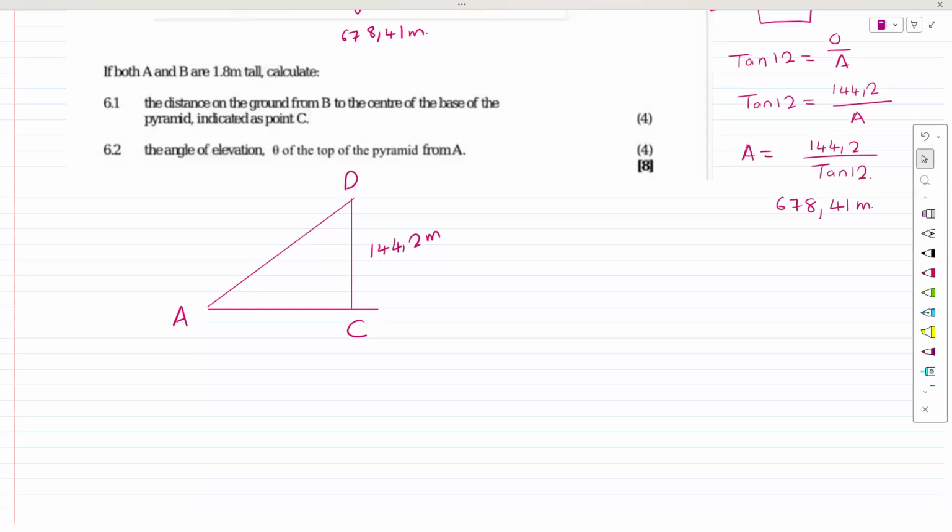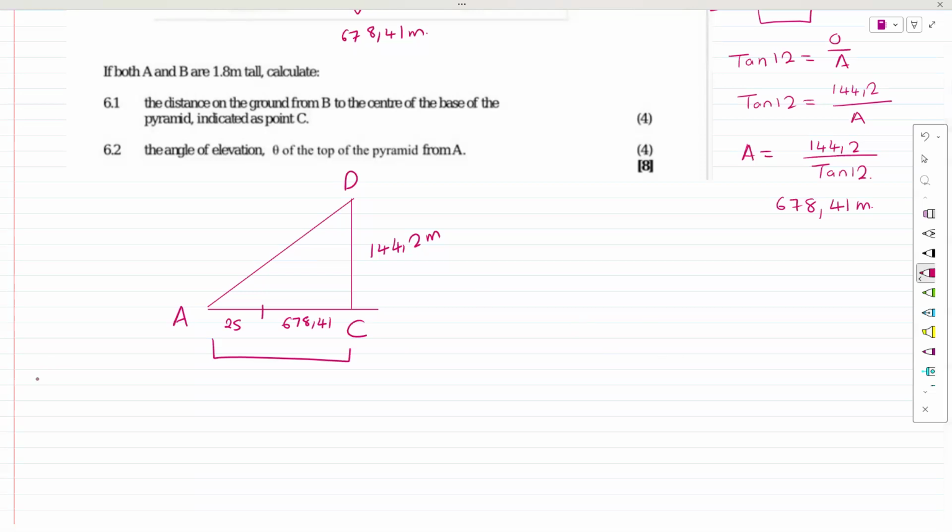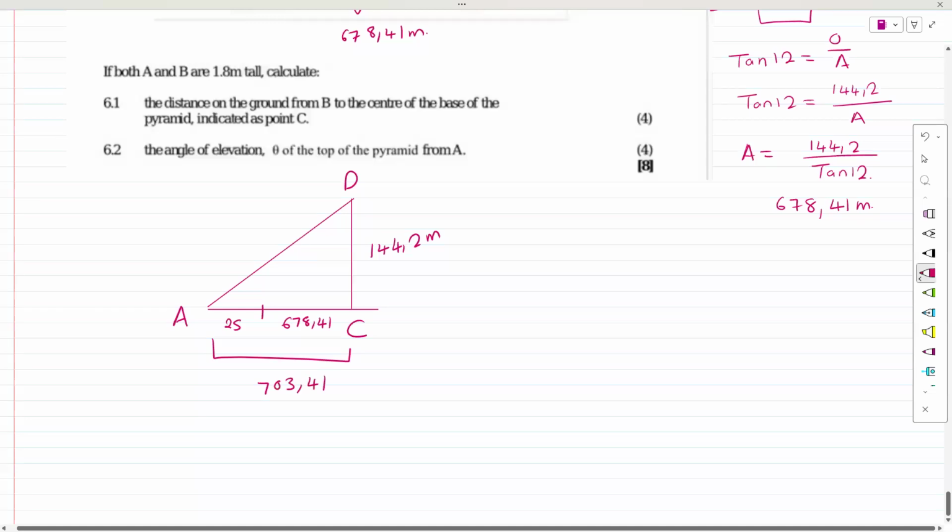The next part is a little different, because we know this part here is 25, from B to there. We just calculated this is 678.41. So to get AC, we add 25, and this should be 703.41.